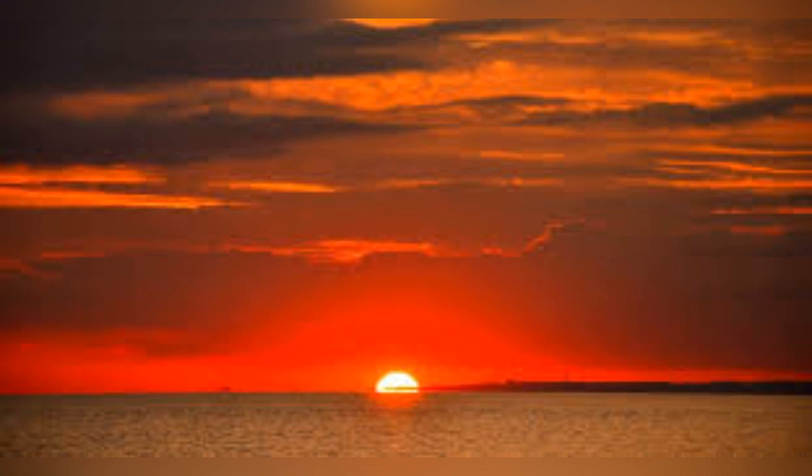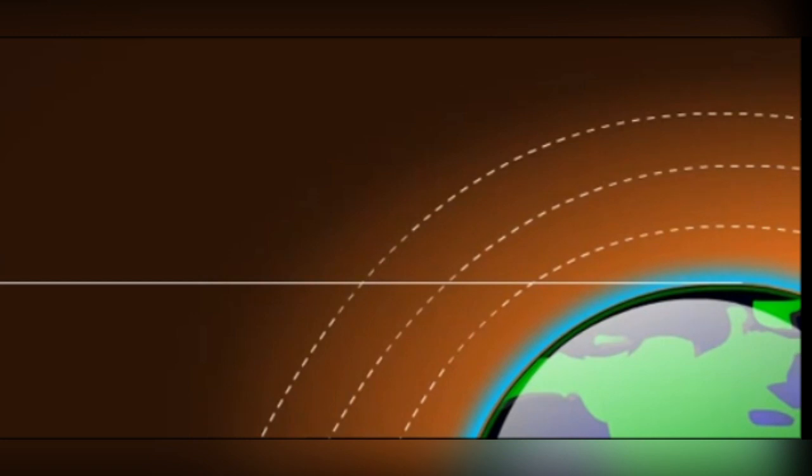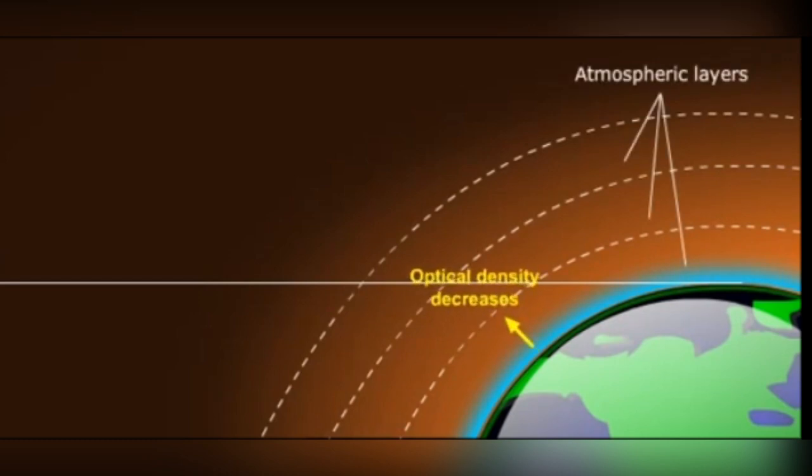Let's look in detail. As we all know, the atmosphere is made up of different layers and each layer has a different density. The optical density of atmospheric layers decreases as it goes away from the Earth's surface.